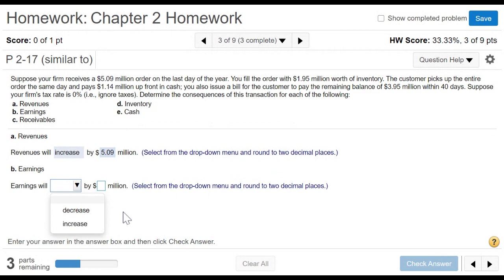Earnings. Earnings is what? Up or down? They're going to increase by 3.14. Increase. By how much? 3.14. 3 point what? 14.